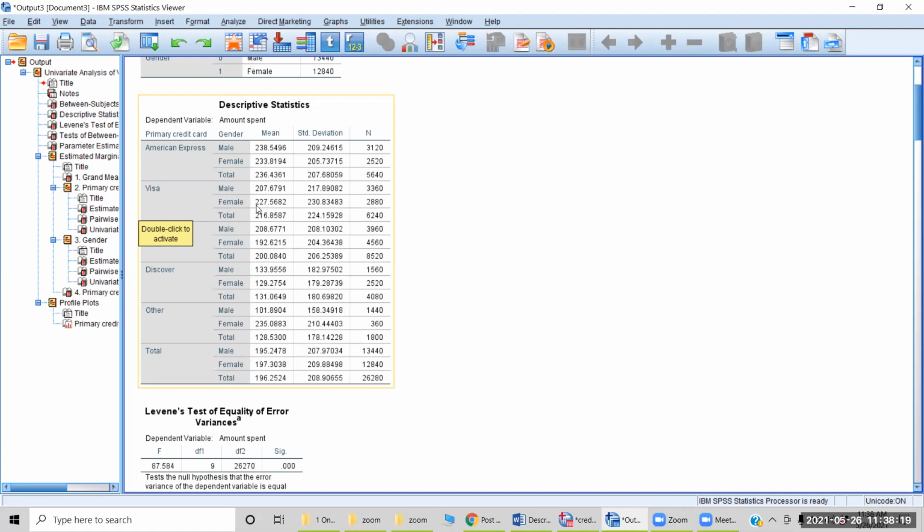So it means generally females spend more than male, if both of them are holding visa card. But in case of American Express, generally male spend relatively more than female if both of them are holding American Express, and this is how you will proceed.